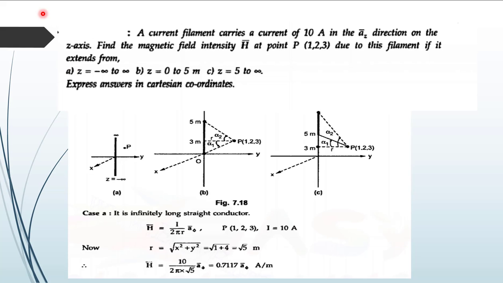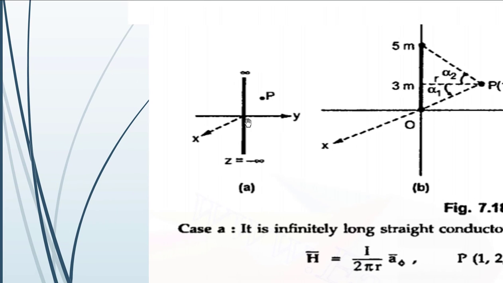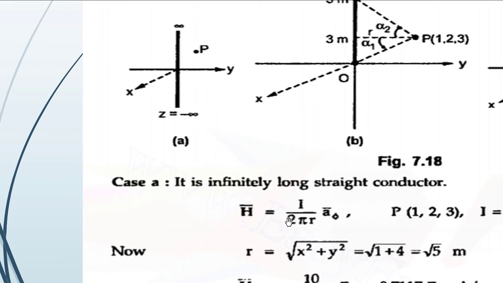Now for the first method, the infinite case, we already know the equation. The filament is placed along the Z axis, and then we have to find out the intensity at point P (1, 2, 3). For that we have to use this equation, I upon 2 pi r into A phi cap.